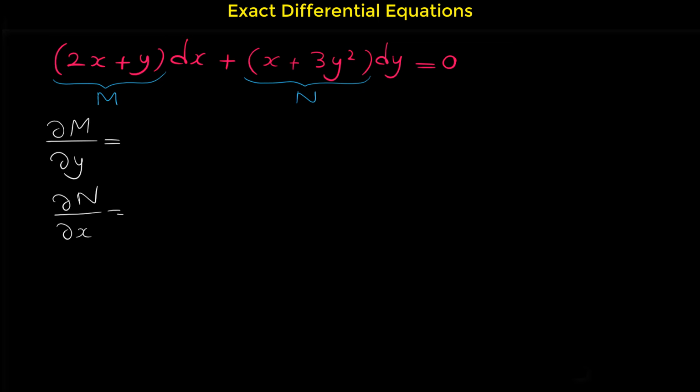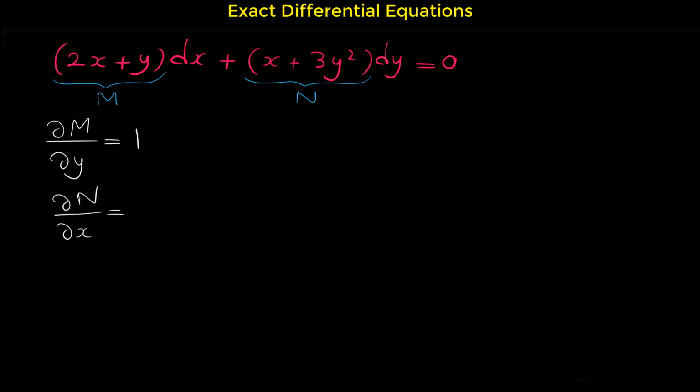Derivative of 2x plus y with respect to y is 1. Note that we are taking the derivative of this expression with respect to y. So derivative of 2x with respect to y is 0 because we consider y the variable, so 2x is constant with respect to y, and derivative of any constant is 0. Derivative of y is 1.